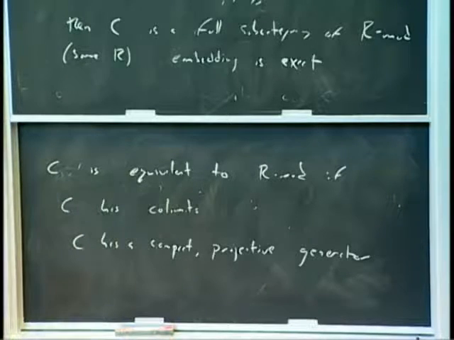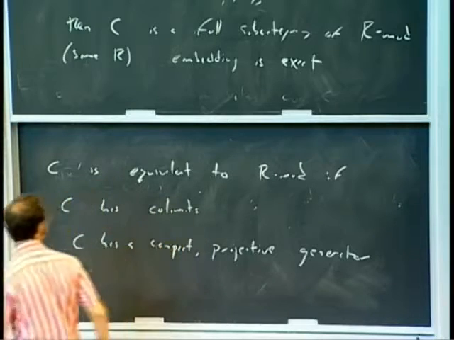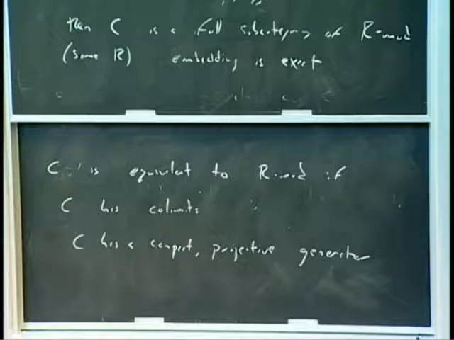Okay, so let me explain those conditions a little bit. Has colimits means what it means, but let me talk about what a compact projective generator is. I'm sorry? Don't all abelian categories have colimits? No, they don't have all colimits. They have finite coproducts and products.